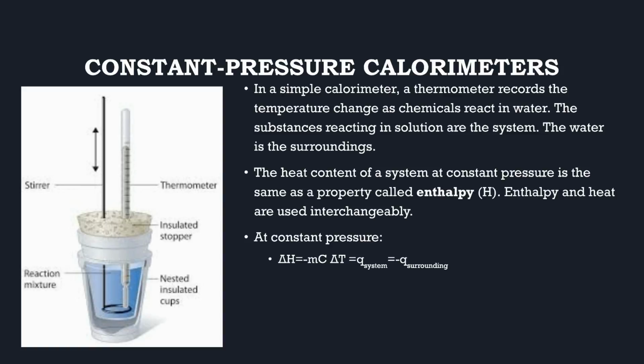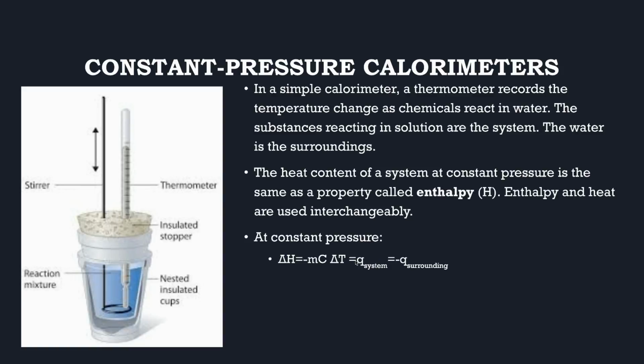At constant pressure, the equation that we're going to use for that looks very similar to the Q equation, but delta H. So hopefully you guys remember and already know that when you see the delta right there, that means change in enthalpy equals a negative mass times your specific heat times delta T, which is change in temperature, equals the Q of the system, equals the negative Q of the surroundings.